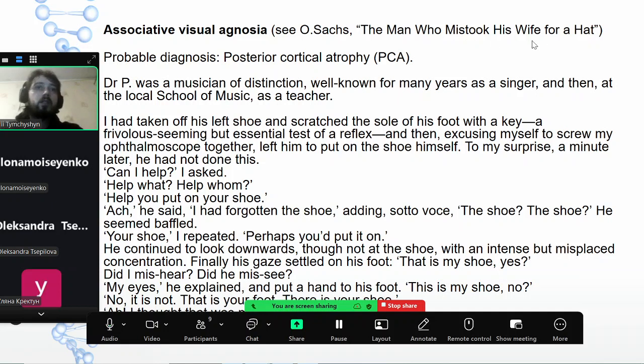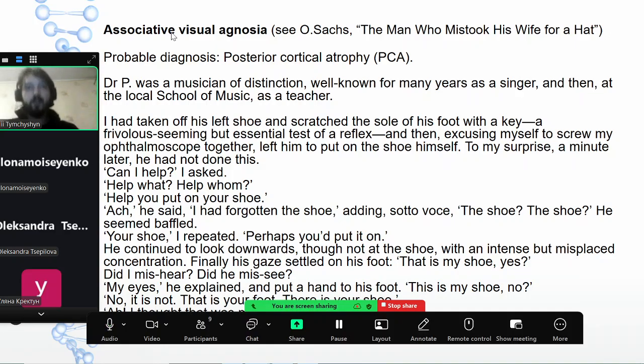He does not give any information on the diagnosis. So this is just some sort of guess from whatever he is describing, but the case he described perfectly fits into associative visual agnosia.